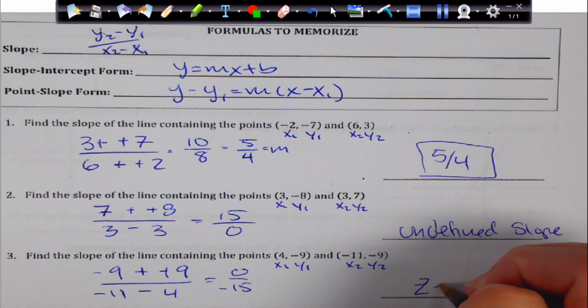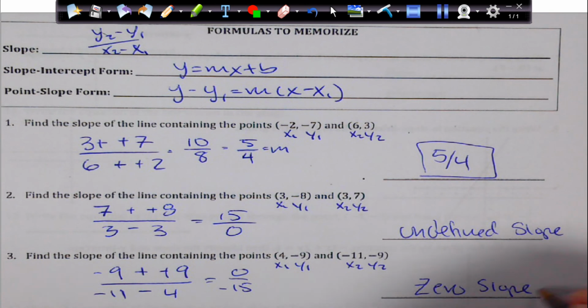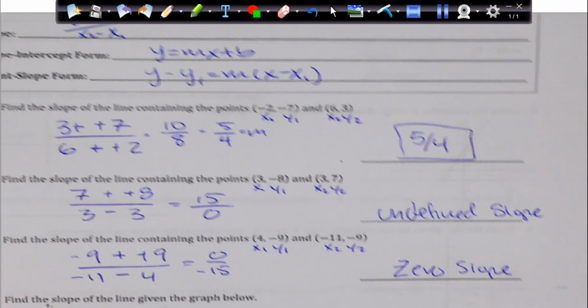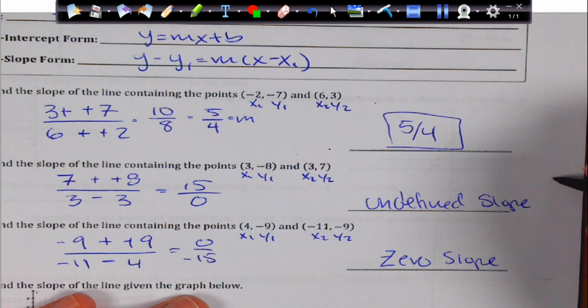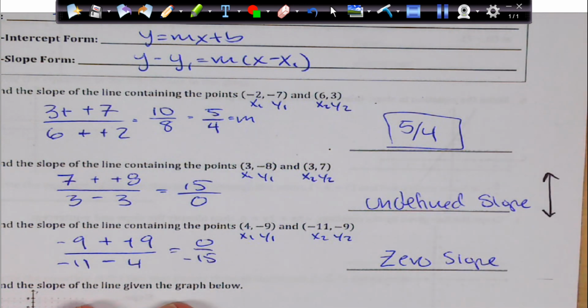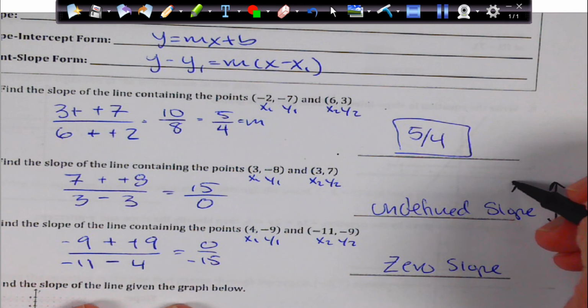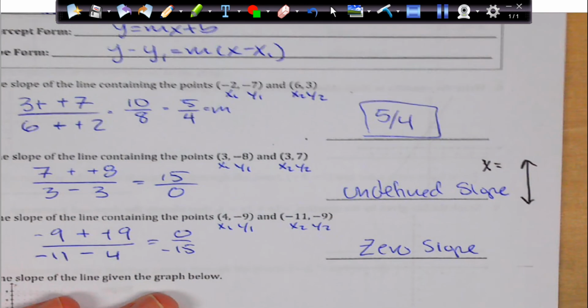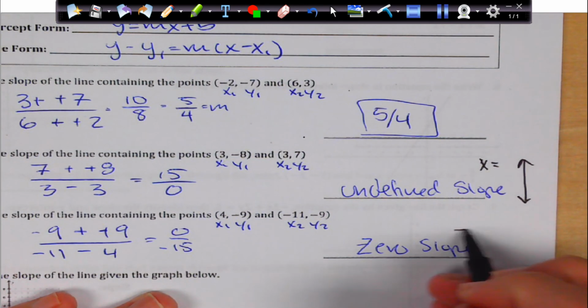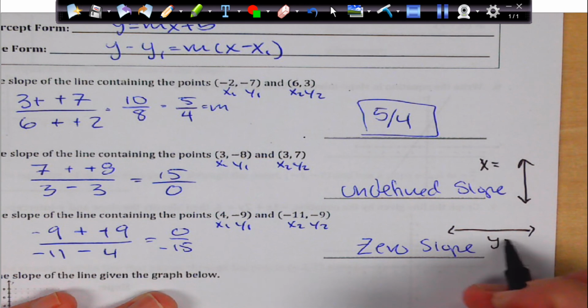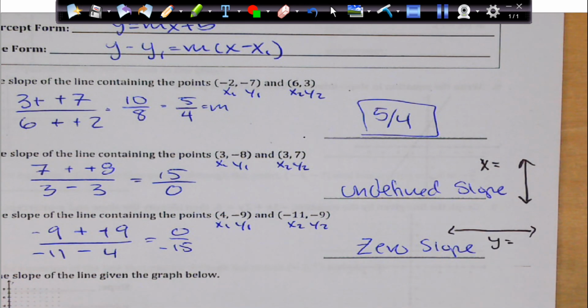That would be a 0 slope. So there is a difference. For your reference, if we're looking at a graph, undefined slope goes up and down, and we usually call that an x equals line. And 0 slope is horizontal, and we usually call that a y equals line. We'll see that later.